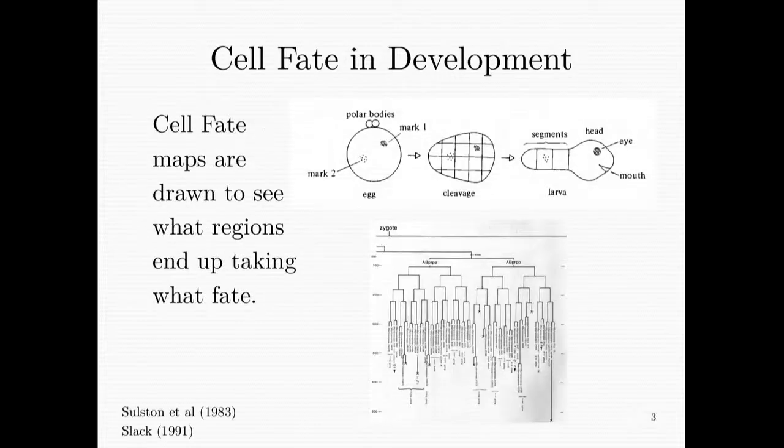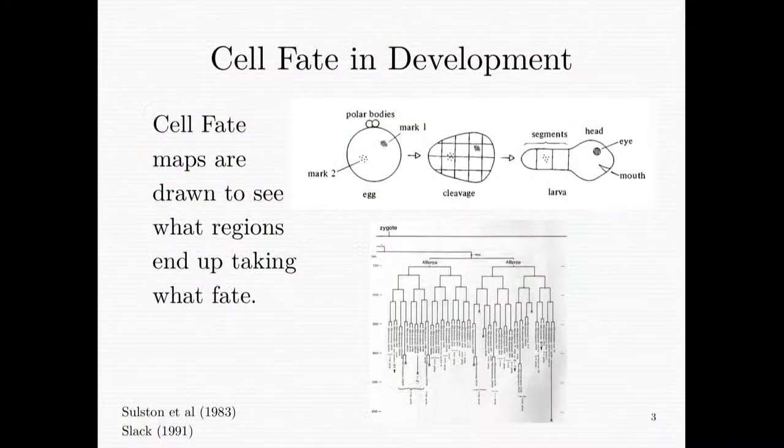To give you a sense of how you would think about cell fate in development, there's this cartoon where you start with a single cell, and then this single cell divides, and then at some point differentiates. Different cells of your body end up taking a different fate. You can have a skin cell, you can have a neuron, and so on.